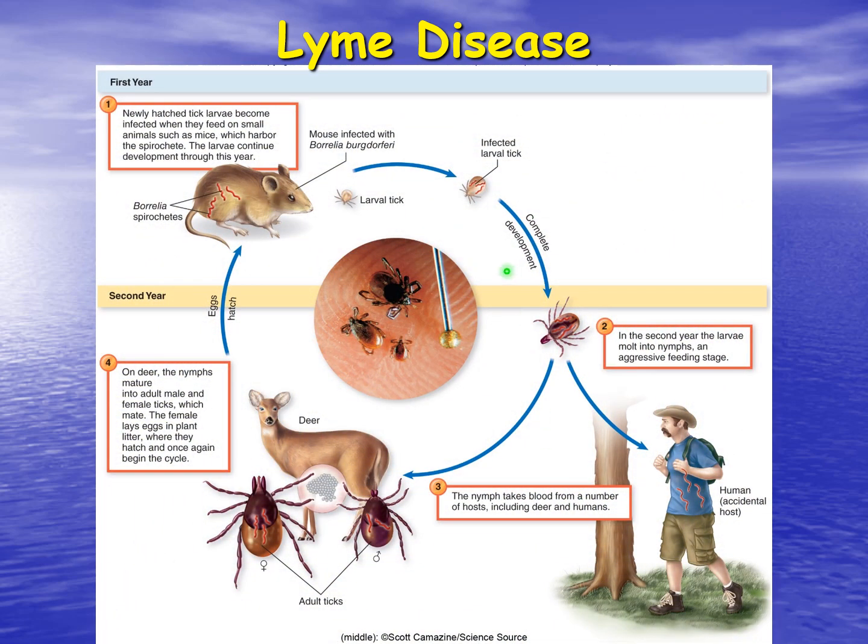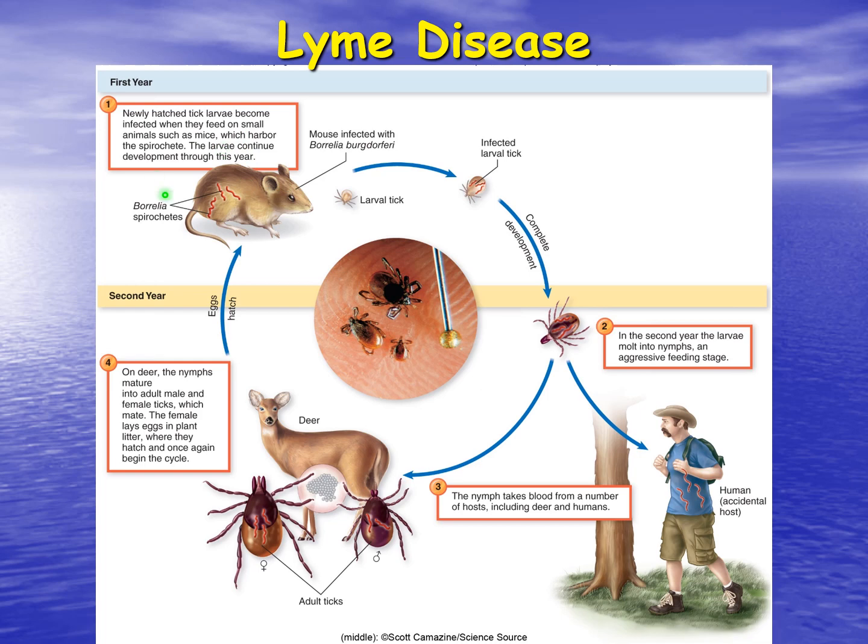Primarily in this region of the world, the hard tick of the genus Ixodes is what's going to carry Lyme disease. So it is the vector. It actually has a 2-year cycle. In the first year, newly hatched tick larvae become infected when they feed on small animals such as the white-footed mouse that was seen primarily in the northeastern United States and the upper Midwest.